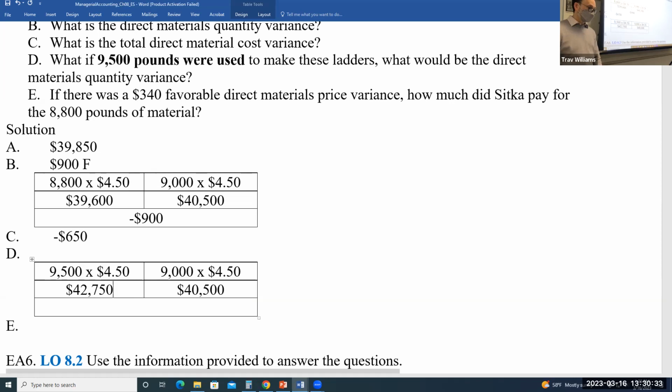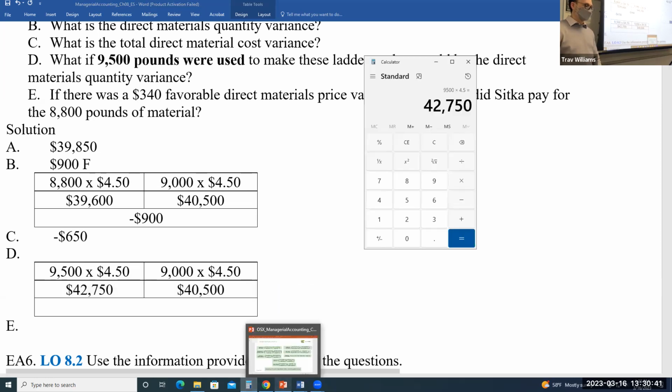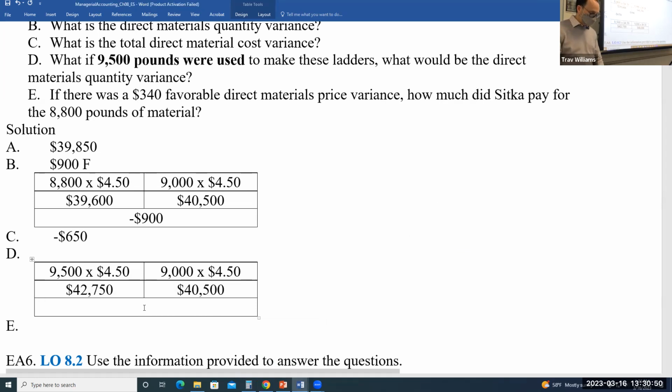What's our next step? Subtract the 42,750 or subtract 40,000 from... Exactly. I'm going to take the left side, subtract the right side. And we get 2,250. Is that a positive number? Positive, but it's unfavorable. That's exactly right.